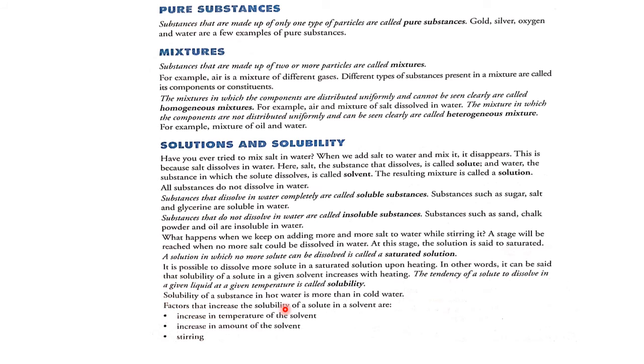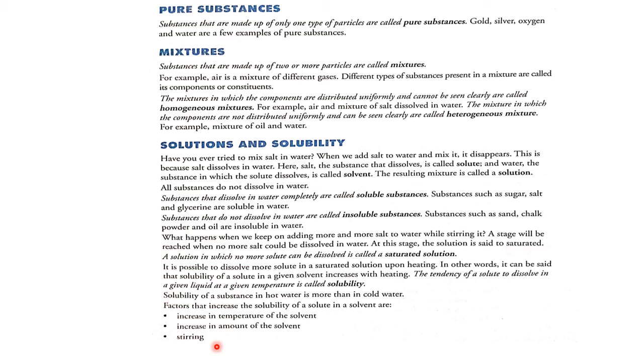Now let's see what the factors are. Factors that increase the solubility of a solute in a solvent are increase in temperature of the solvent, increase in amount of the solvent, and stirring. So what are the factors to increase the solubility of a solute in a solvent, or solubility of a substance in a given liquid?